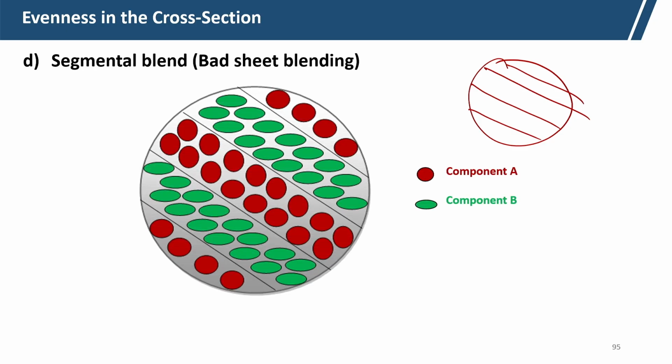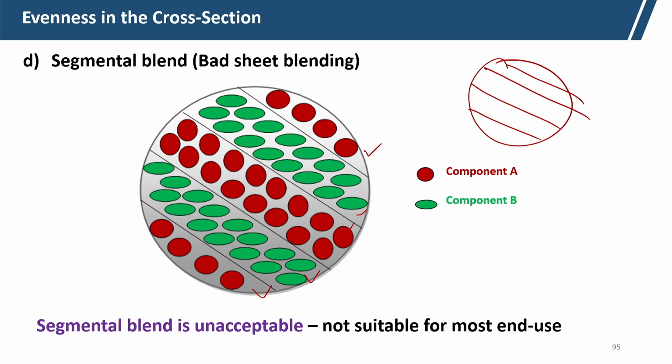We can see component A has a sector, and component B. So, in sheet form if we blend, we get this type of blend irregularity. That is, at different segments. So, segmental blend is also unacceptable and not suitable for most uses. This type of segmental blend can also be obtained from drop-in blending.